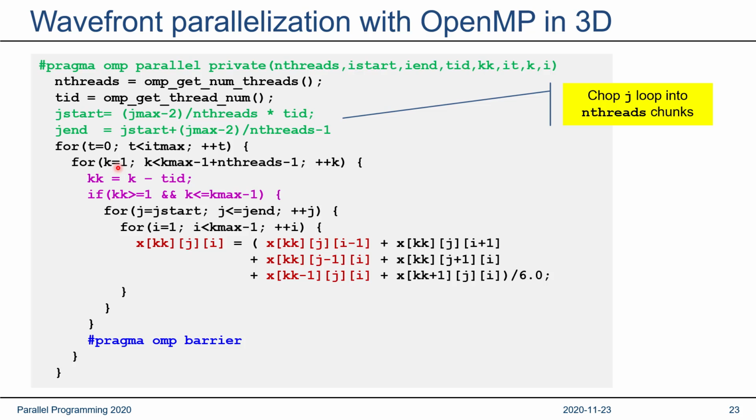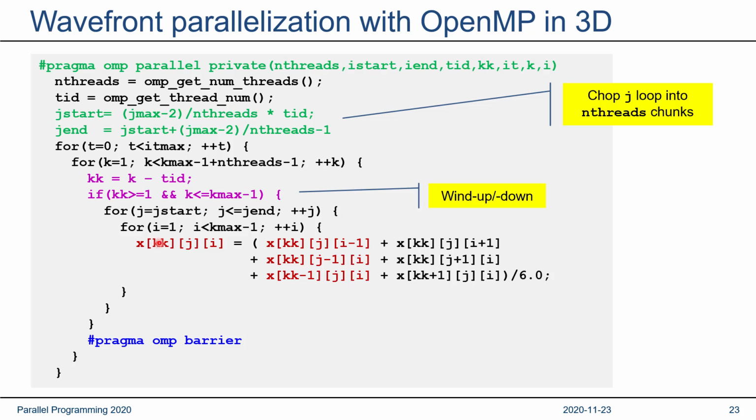In order to compensate for that, we mask out certain parts of the k loop. So with this if condition and the computation of kk equals k minus tid here, we make sure that the wind up and wind down phases are done correctly. The first thread starts right away computing, while the other n-1 threads have to wait for some time until the winding up pipeline hits them, and then they can participate in the computation.